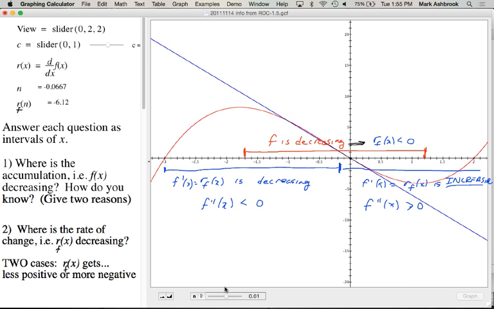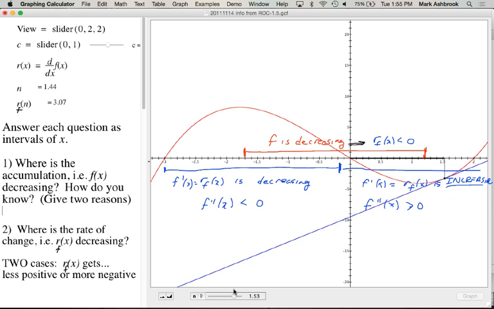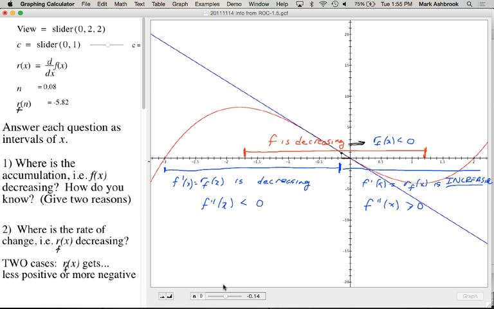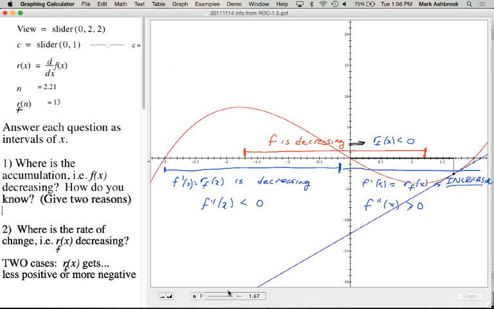What's the accumulation doing when the rate is increasing? The rate is increasing, getting less negative, more positive, so the accumulation is turning up. Whether it's going down, it's turning up, or it's going up, it's turning up. If the rate is increasing, your accumulation is going to be turning up like this. And that's when our second derivative is greater than 0.